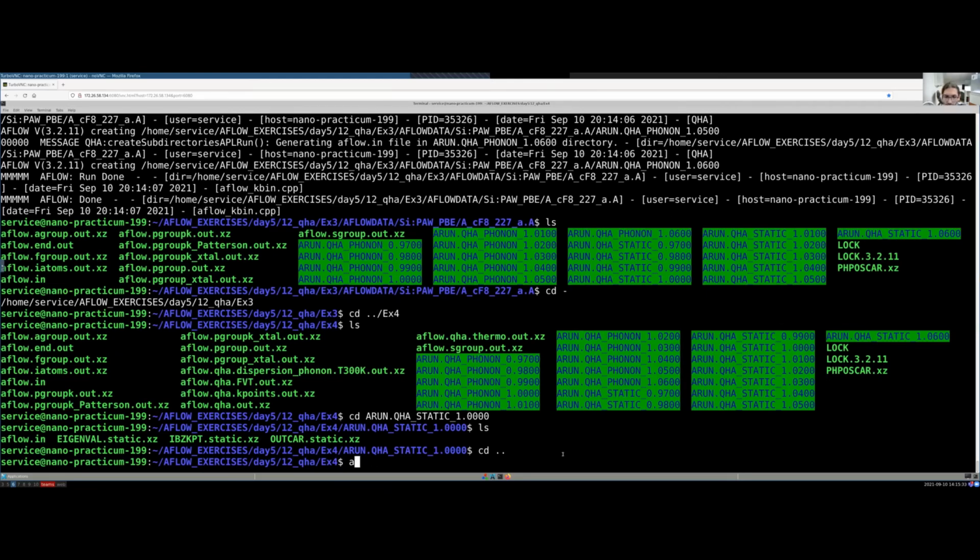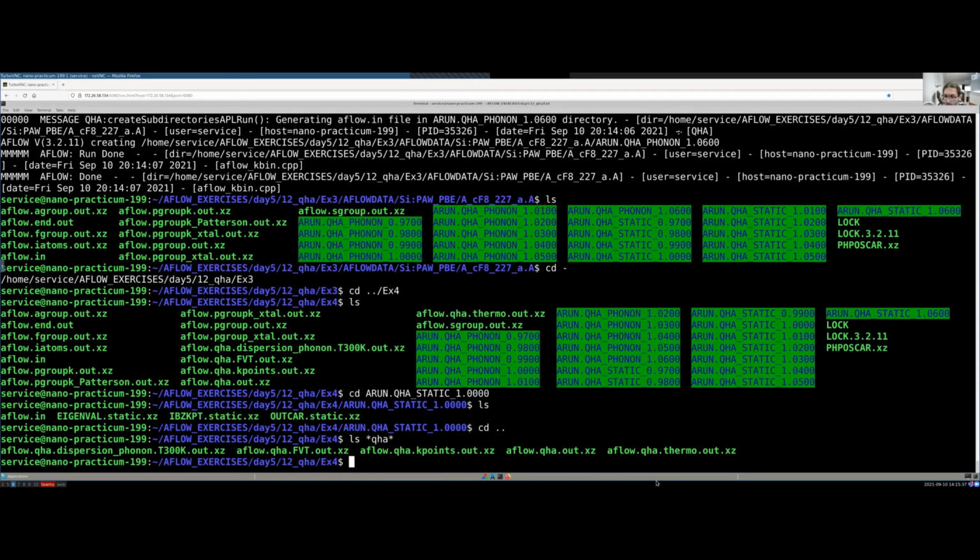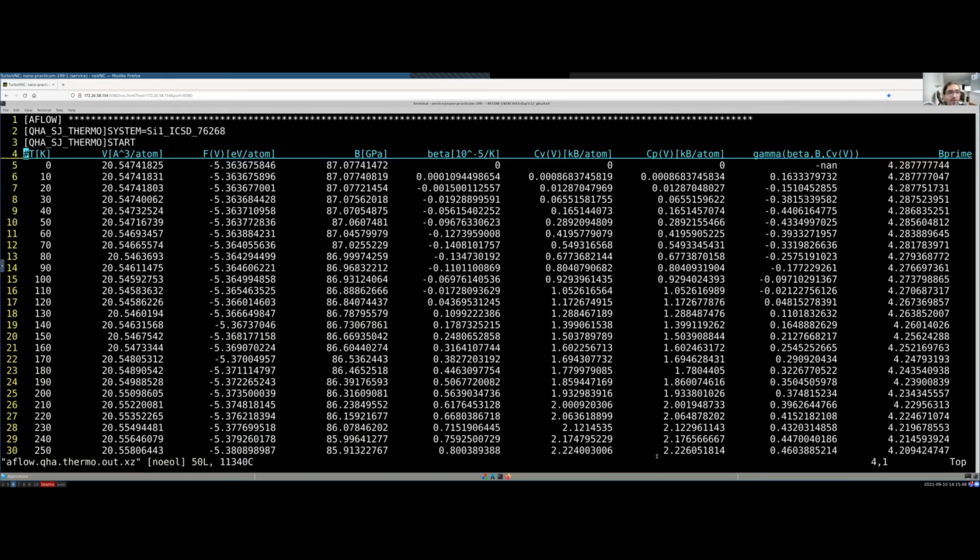And in case of a successful run, you will have a few QHA files. The important one is the AFLOW-QHA thermal out file, where you have your thermodynamic properties. Here, EOS was stabilized jellium, as is specified in this block. And you have temperature, volume, free energy, bulk modulus, thermal expansion, both heat capacities, Grüneisen parameter, and pressure derivative of bulk modulus.